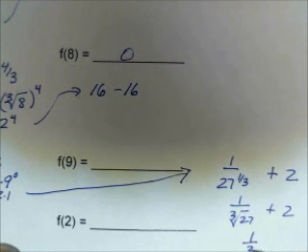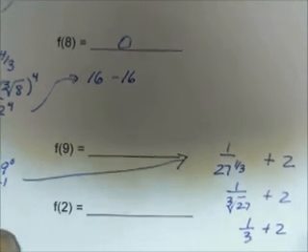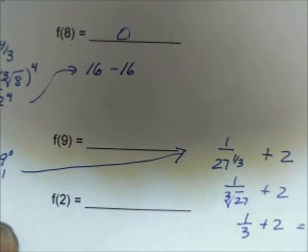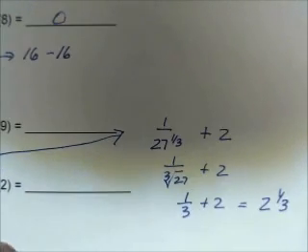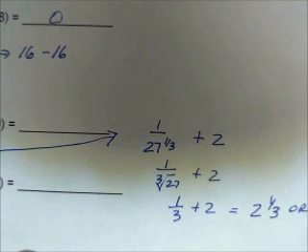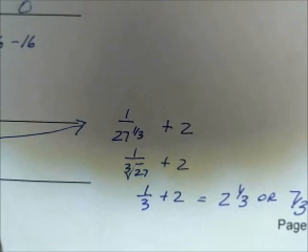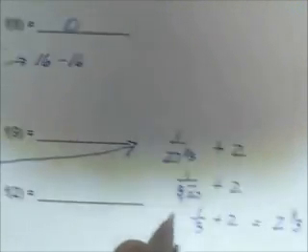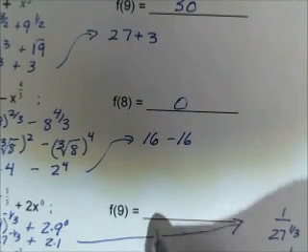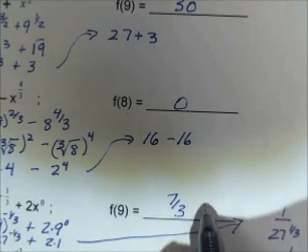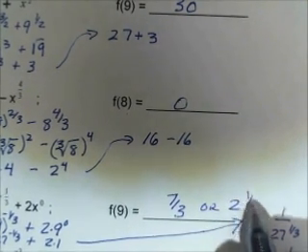So 1/3 plus 2, or 2 1/3. Or you could write 7/3. All right, so let me just go back here. f of 9 equals 7/3, or you could write 2 1/3.